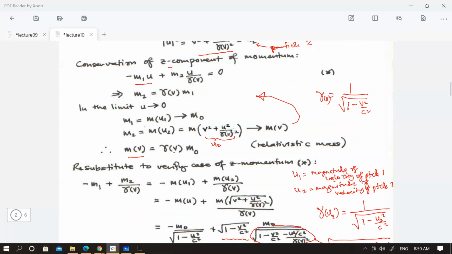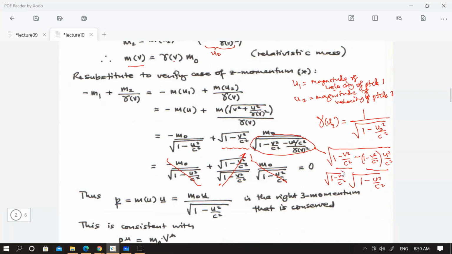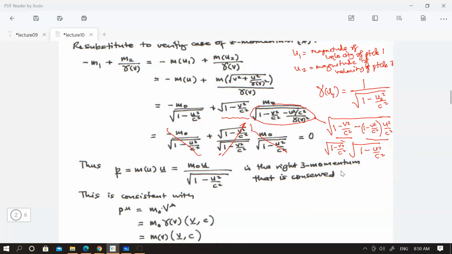So in other words, that formula works. So now we can start to use it with confidence. We can now define the three momenta as a function of the velocity u. This will be the velocity-dependent mass times the velocity itself.